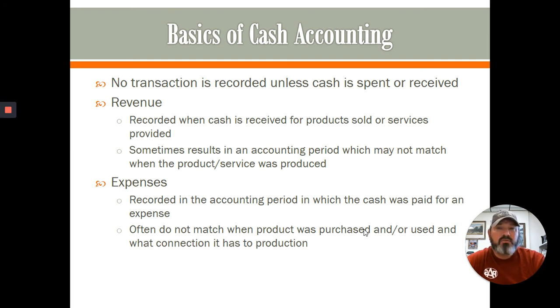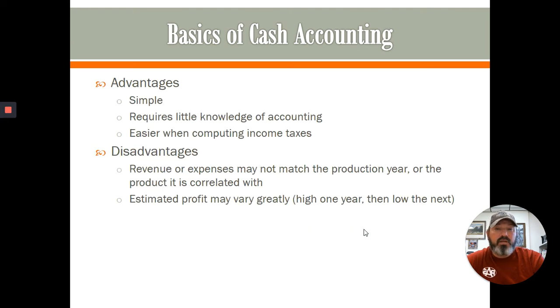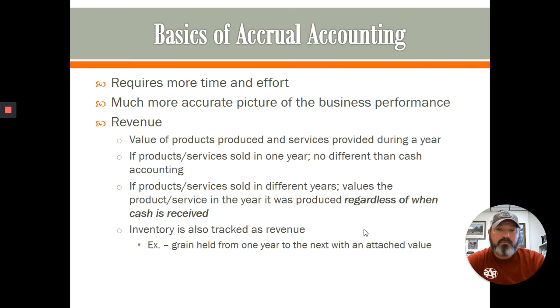But all the expenses were paid probably in 2020. So it makes your profitability picture in the 2020 cropping year probably out of whack. But it also is very simple. So you have to really think about cash accounting. Is that a good approach for you in terms of your record keeping and analysis? A good advantage is it's very, very simple. It requires very little knowledge and training in accounting approaches, and is very simple when we talk about computing income tax.